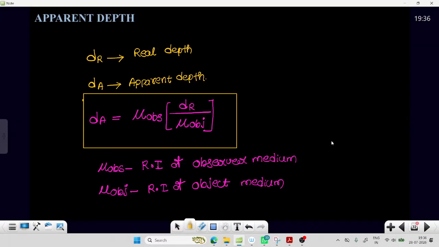Let us say a coin is inside the water. The coin is not exactly at its location, it appears at some other location, because of the apparent depth.